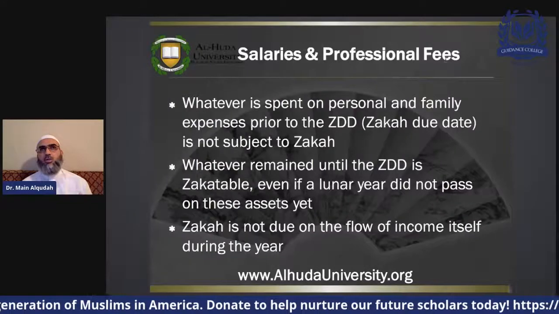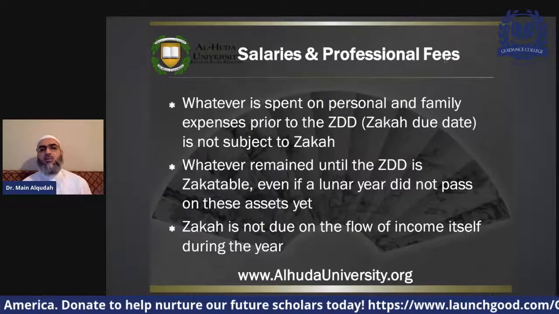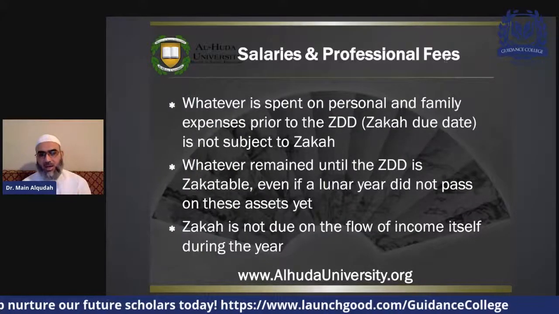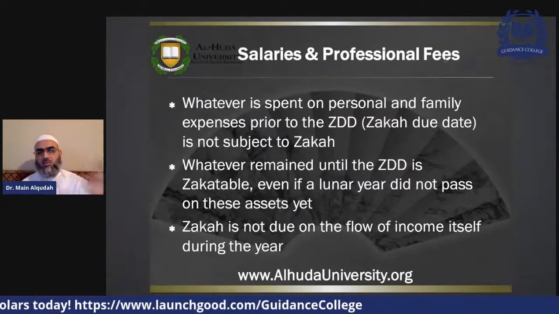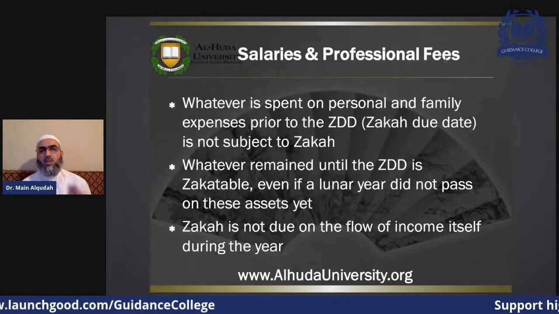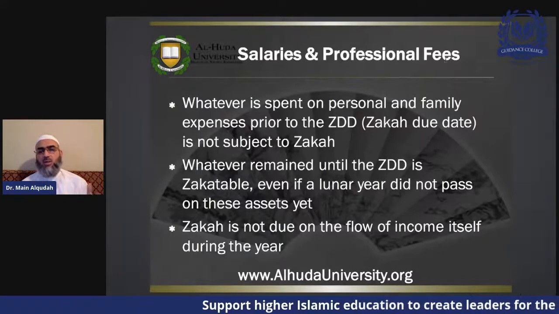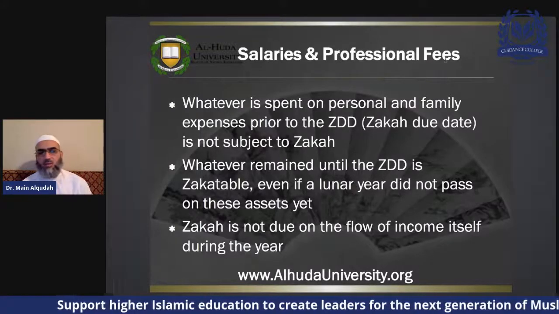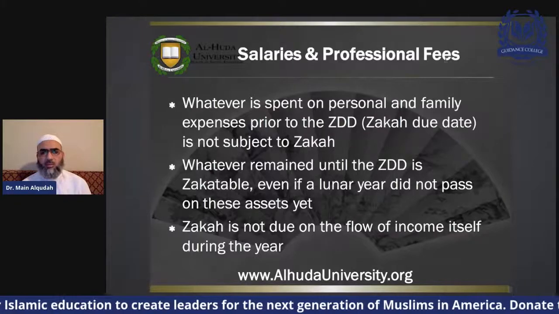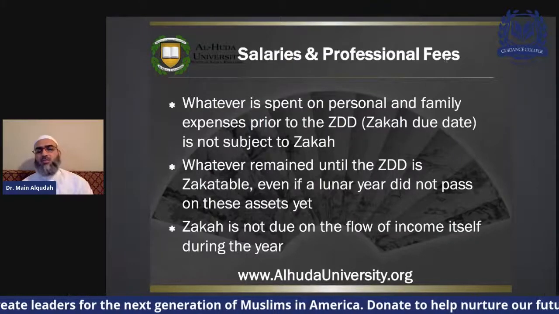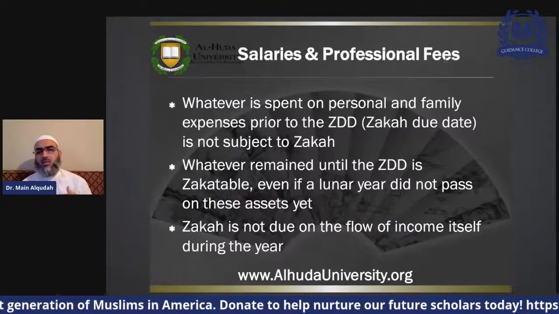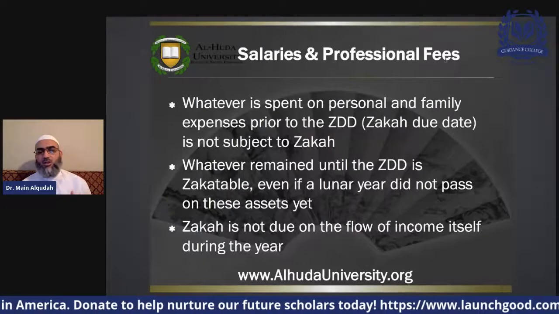So he or she already accumulated $4,500 in his bank account from his profession, from being an attorney. Well, that is more than enough for him to be a zakat payer. Every now and then he receives payments from his clients. He should not worry about the cash flow that he experiences throughout the whole year.